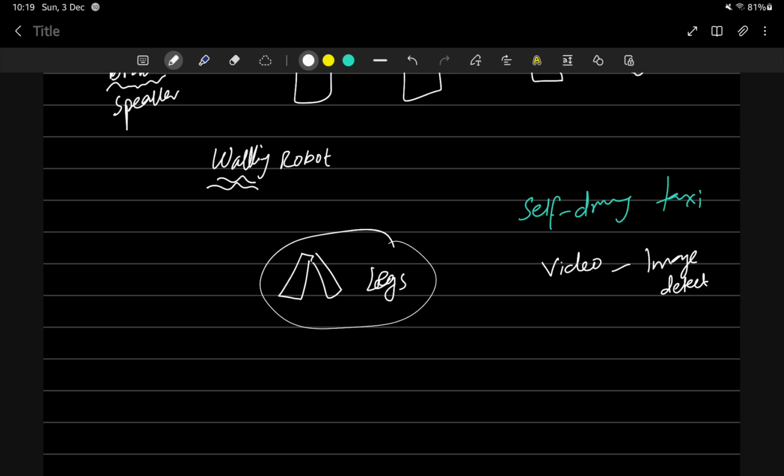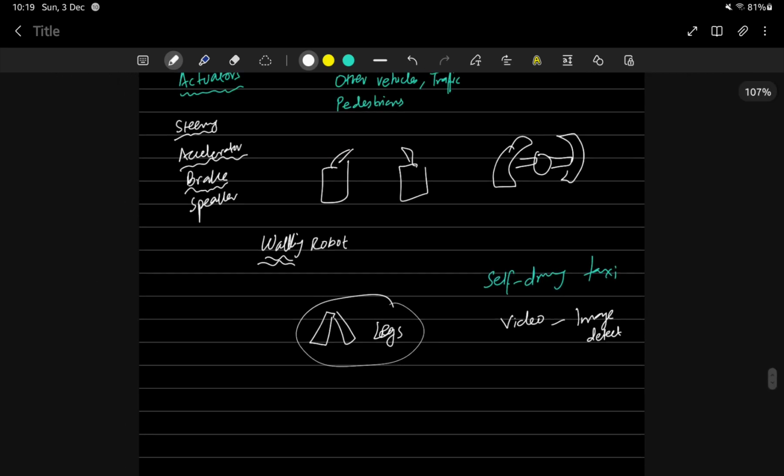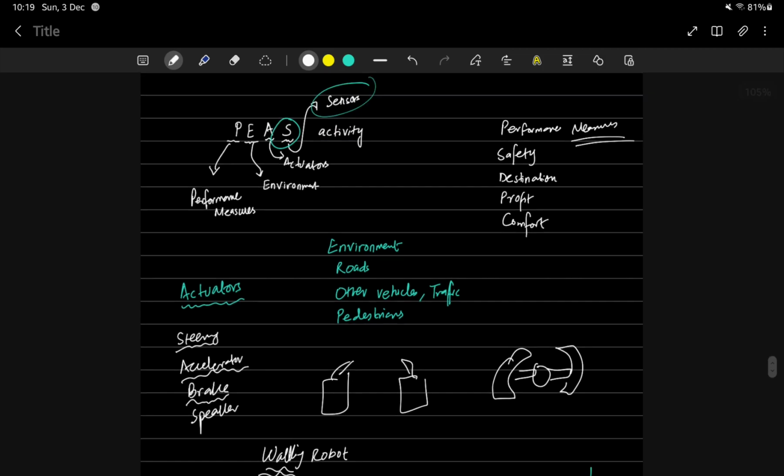There can be engine sensors which can measure what is the status and performance of the vehicle. And there can be also a GPS sensor which is providing location and navigation information. So many things can be in there in terms of sensors.